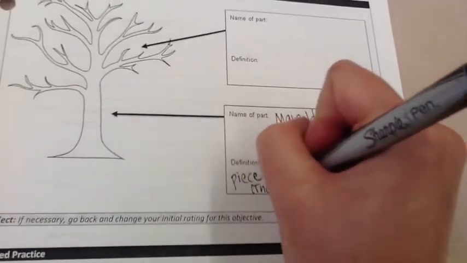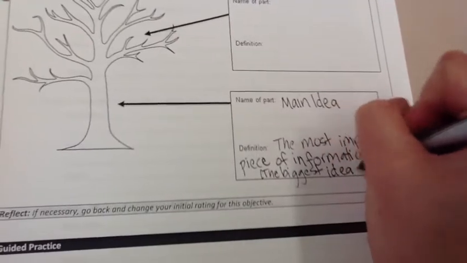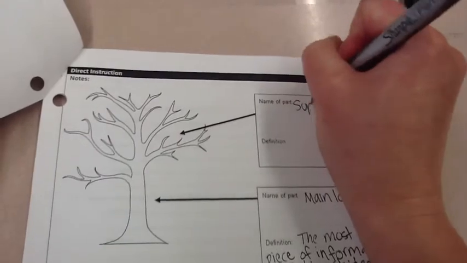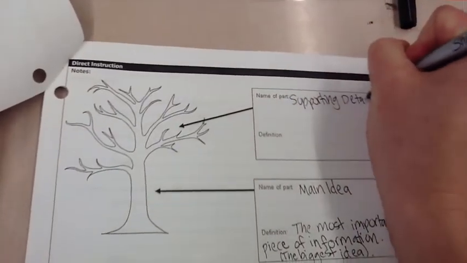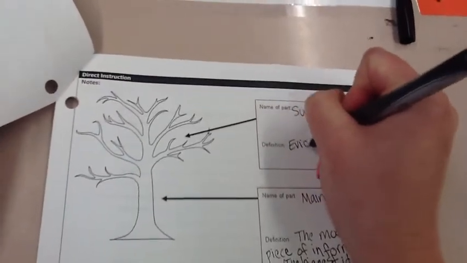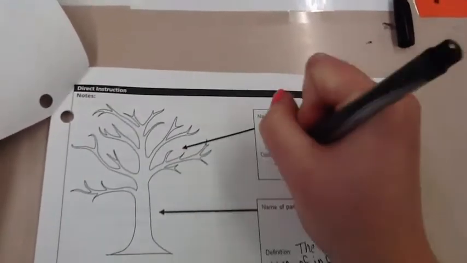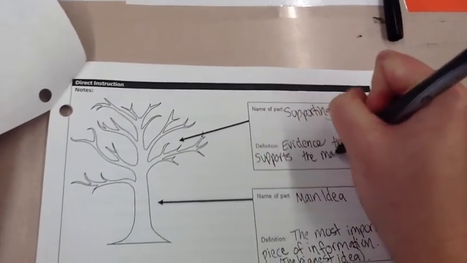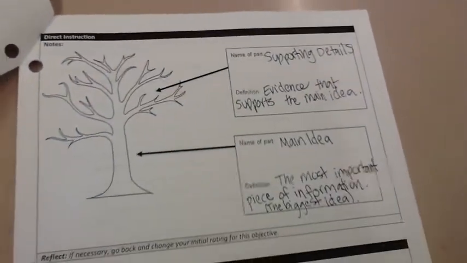Okay, so the biggest. And then our branches are the supporting details. Our supporting details are evidence, that was one of our academic terms this week, that supports the main idea. Okay? Make sure that you have these notes.